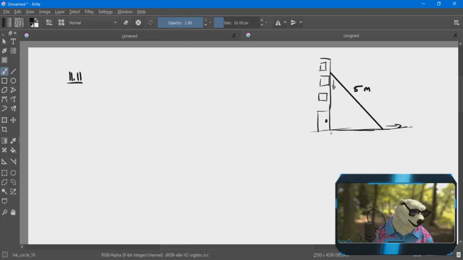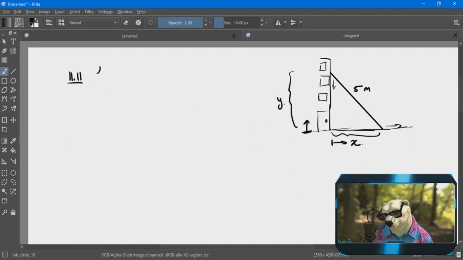I'm gonna have to measure the distance from the bottom base corner of the building to the bottom of the ladder as X. And I'll go from the ground up to measure the height of the top of the ladder, and we'll call that Y. So let's define those.